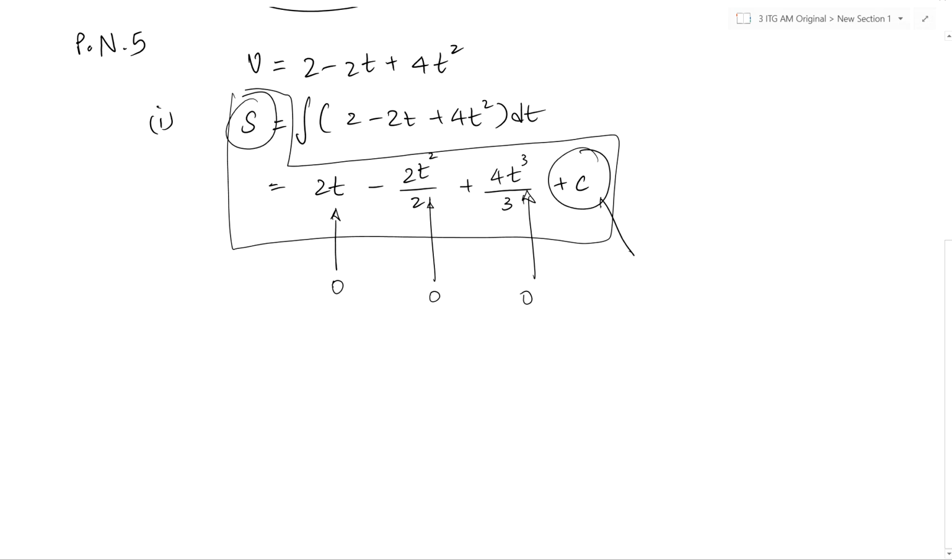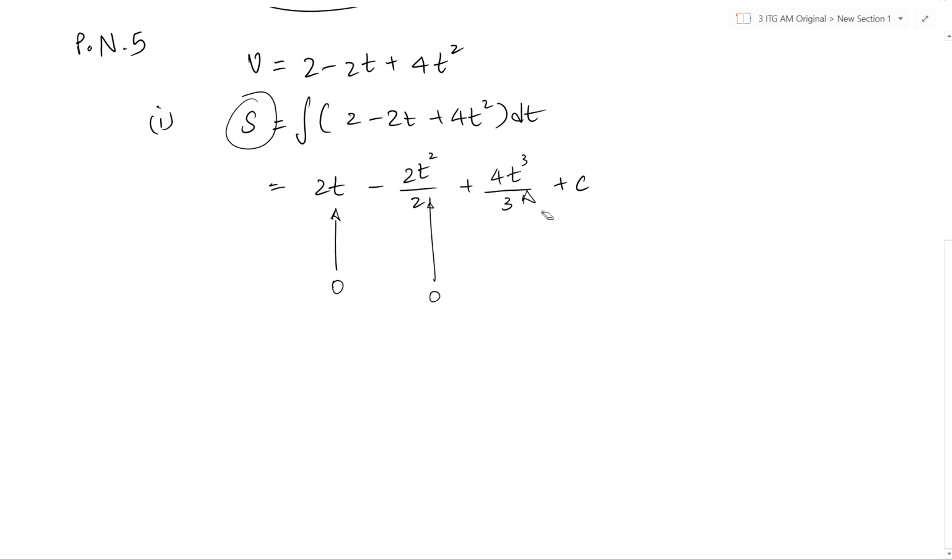So this constant has a meaning. It is the initial displacement when t equals to 0. That is the meaning behind it. So let's carry on with the question.